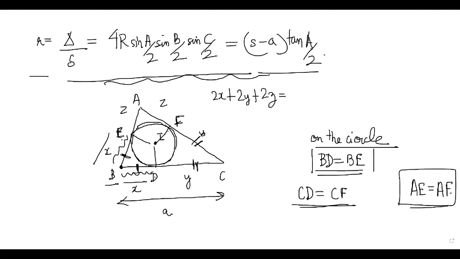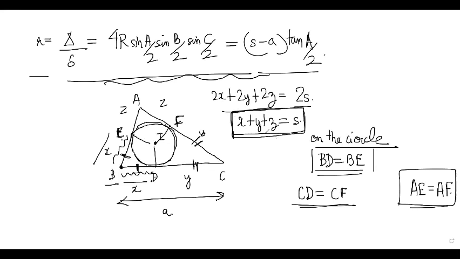Can you say that it is the whole perimeter? Correct, because it is AB plus BC plus CA. So that can be called 2s. The perimeter is 2s, not 4s. So you'll get x plus y plus z is equal to s.